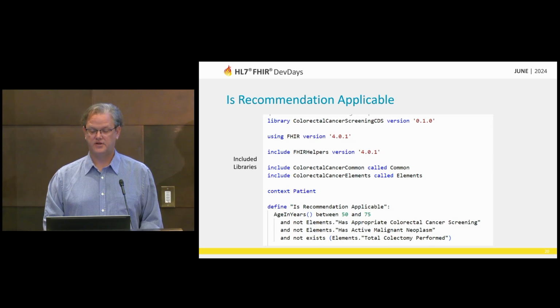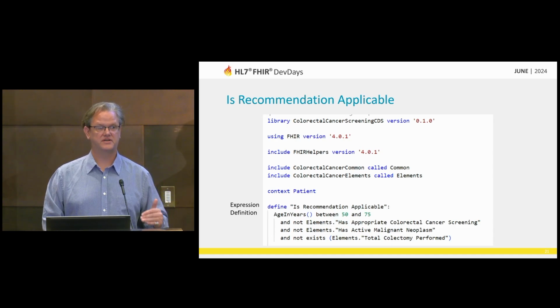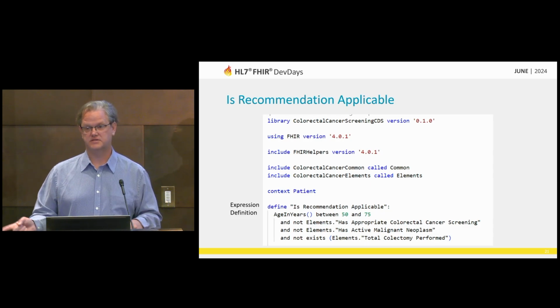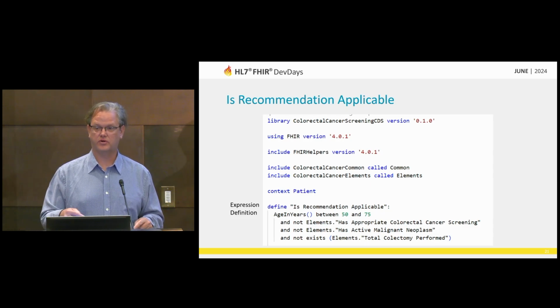All right. And then expression definitions. So a CQL library consists of a set of expression definitions, and those expression definitions can then be referenced by things like the plan definition that's using it for its inclusion criteria, or a measure, or other libraries.